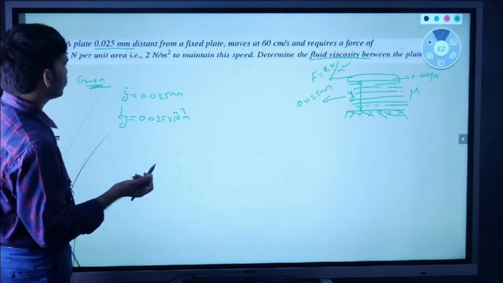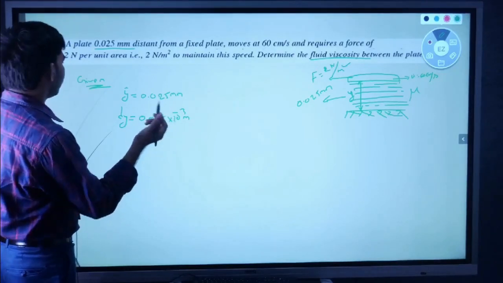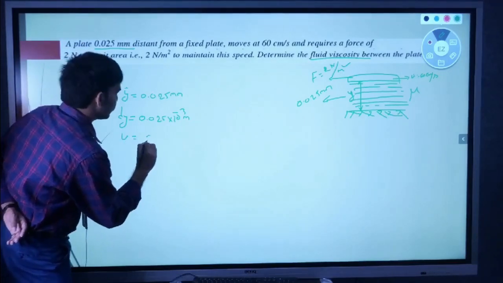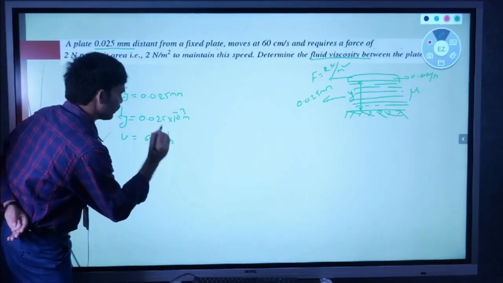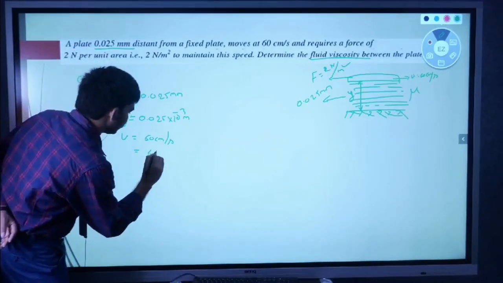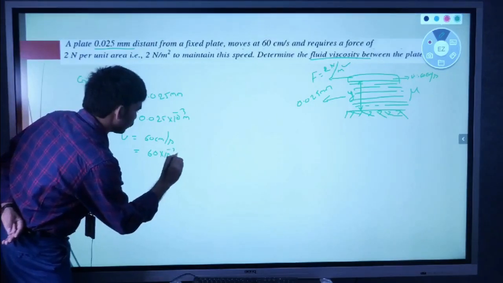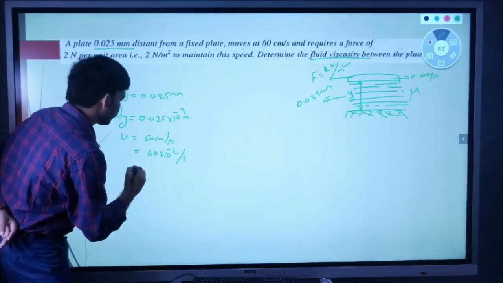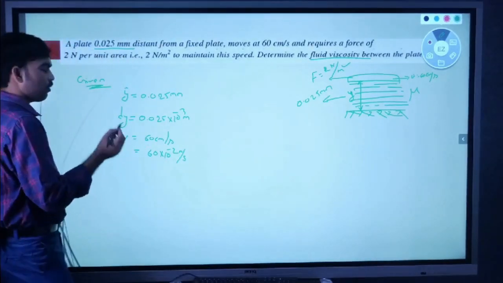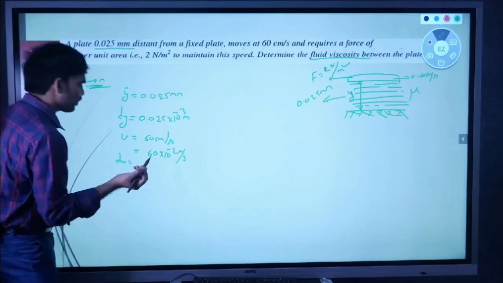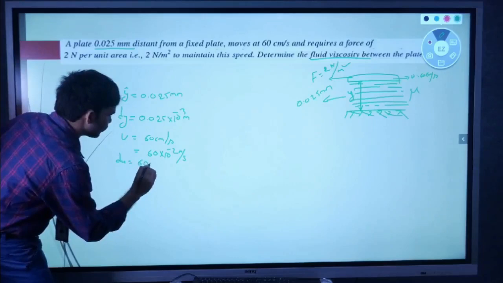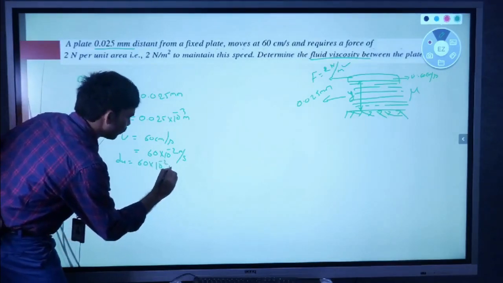Next, velocity u is given, 60 centimeter per second. We have to convert it into meters, so 60 into 10 to the power of minus 2 meter per second. So what is du? Change in velocity. Initial velocity is 0, final velocity 60 centimeter per second. So du is 60 into 10 to the power of minus 2 meter per second.